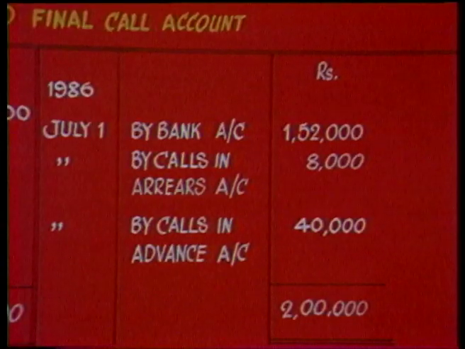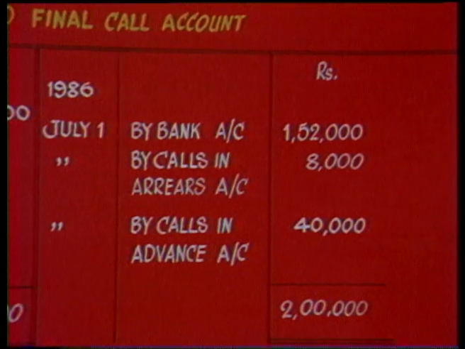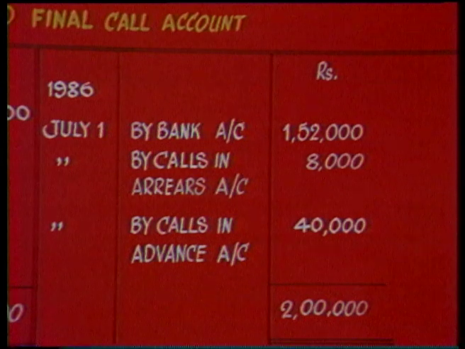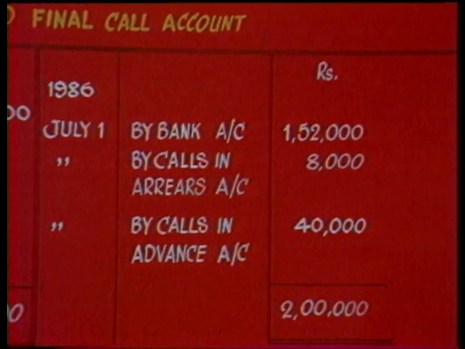Then the money received and other adjustments made will appear in the ledger on the credit side of the share first and final call account. On 1st July, we received towards first and final call money rupees 1,52,000.